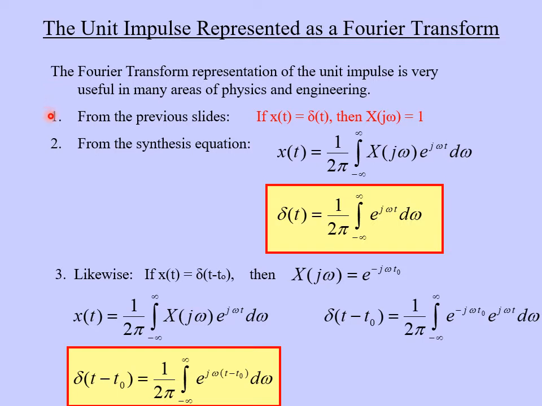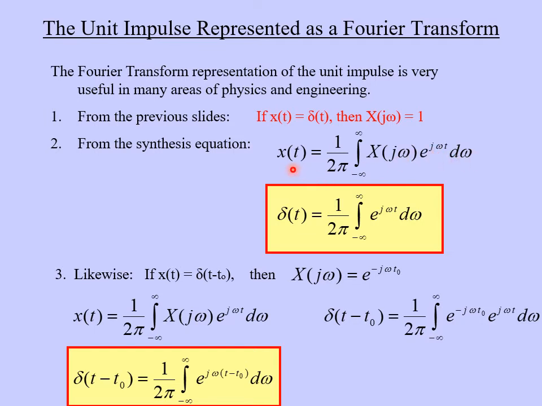What we saw in the previous slides was that if our signal x of t is equal to a delta function, delta of t, then the Fourier transform, big X of j omega, is equal to 1. So let's go backwards here and remember the synthesis equation, the inverse Fourier transform equation. x of t is 1 over 2 pi times the integral of the Fourier transform times e to the j omega t integrated over all omega.